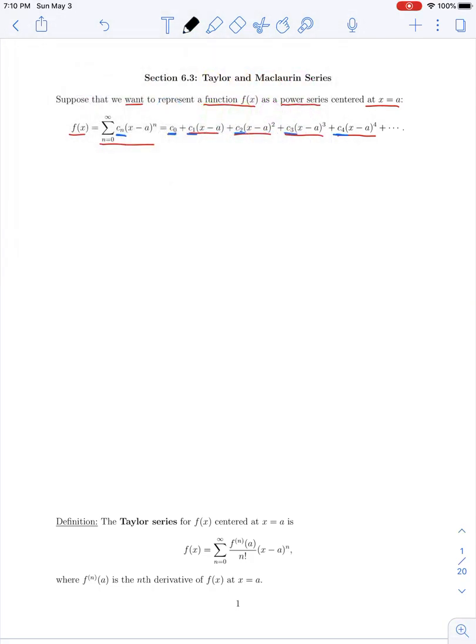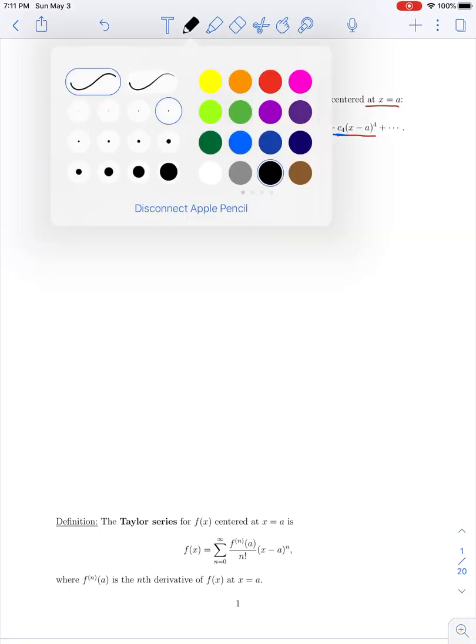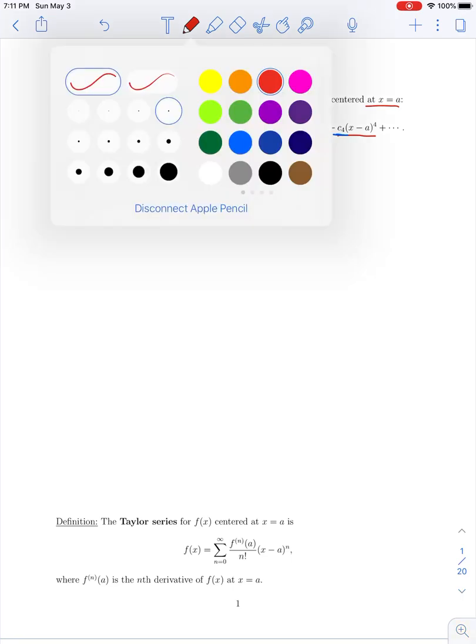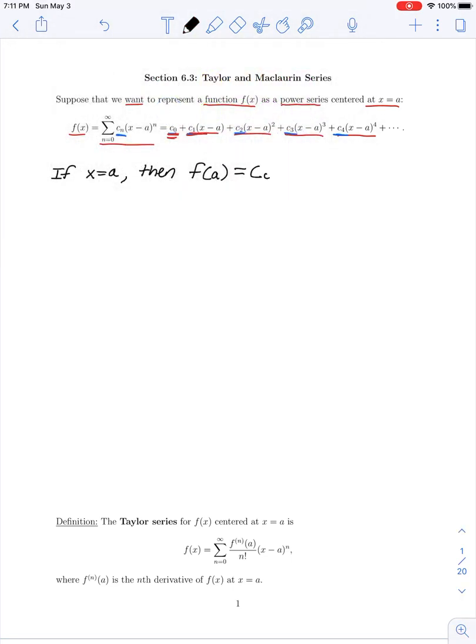So as an example, let's think about if we were to evaluate our function at x equals a. So if we were to substitute x equals a into this equation, our function f evaluated at a would be given by the following. So let's look at what happens when we plug in x equals a to our power series. So this first term, c naught, stays there. It's a constant, so we have c naught.